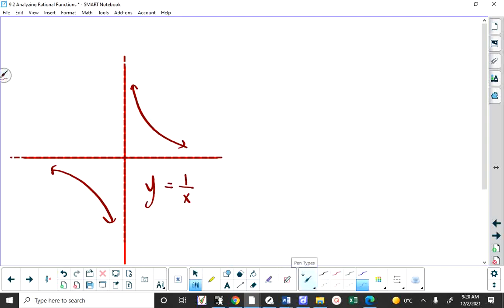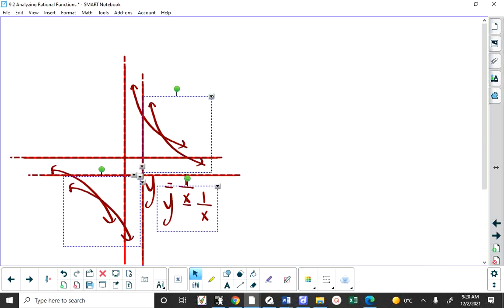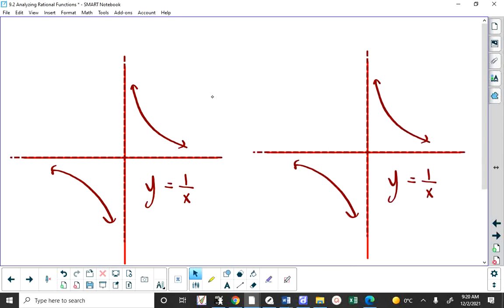When you start talking about y equals 1 over x squared, the squared takes any y coordinates of 1 over x and makes them positive by squaring them, which is going to fold this bottom part of 1 over x, which is in quadrant 3, up into quadrant 2.